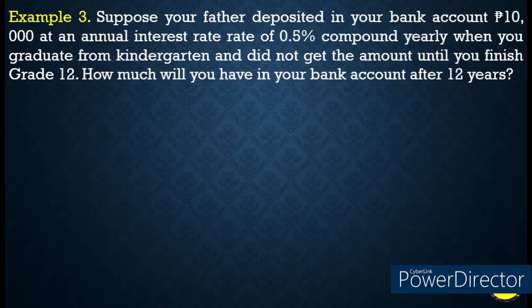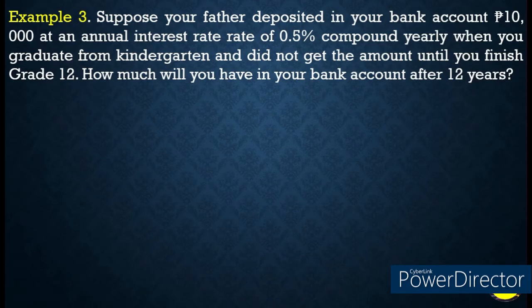Next, suppose your father deposited in your bank account 10,000 at an annual interest rate of 0.5% compounded yearly. When you graduate from kindergarten and did not get the amount until you finish grade 12, how much will you have in your bank account after 12 years? So, again, kunin muna natin yung mga given values.